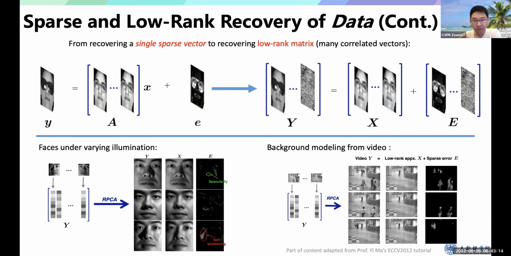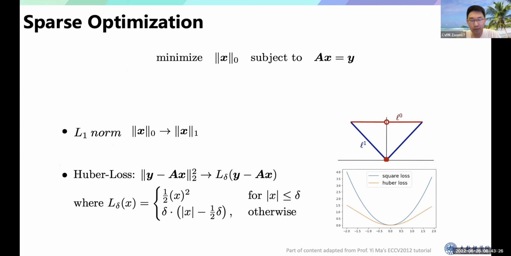So to solve this robust recovery problem, we aim to minimize the number of non-zero parameters of the sparse vector under the linear constraint. However, this problem is known to be NP-hard and hard to solve in general.